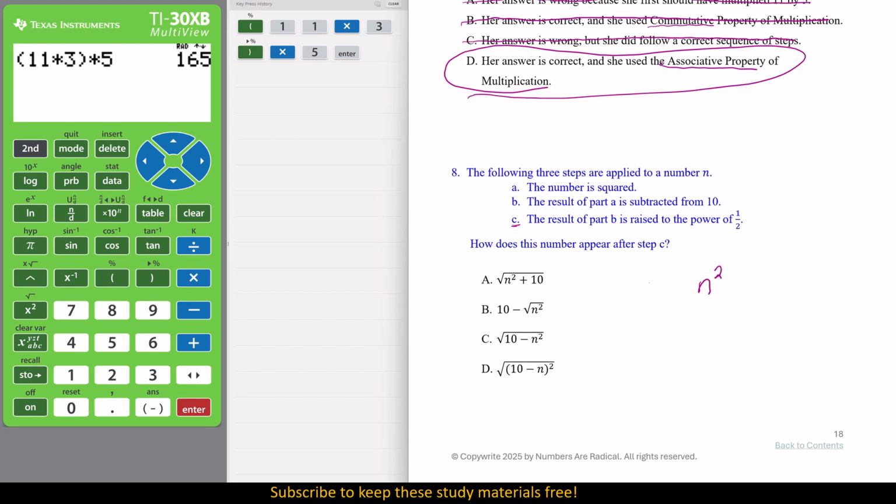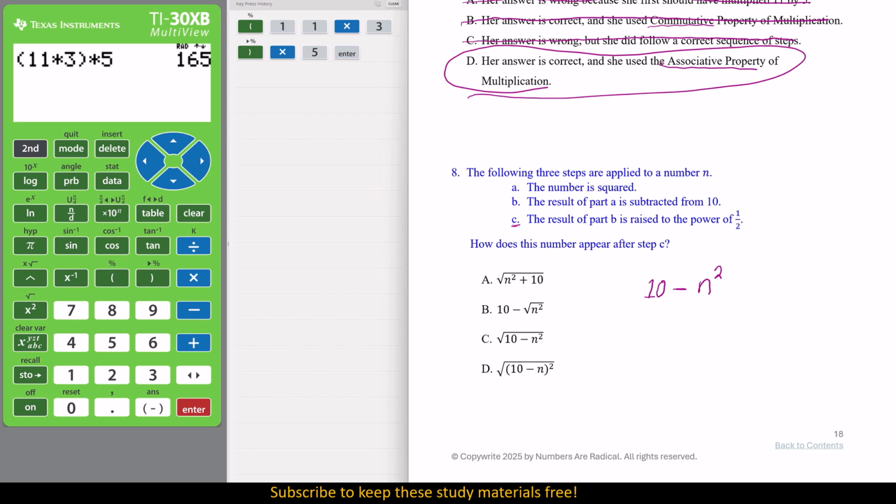That means you're going to have 10 minus that n squared. I agree with that. Then C says the result of B is raised to the power of 1/2. You have to know your exponents and roots to see what that is.